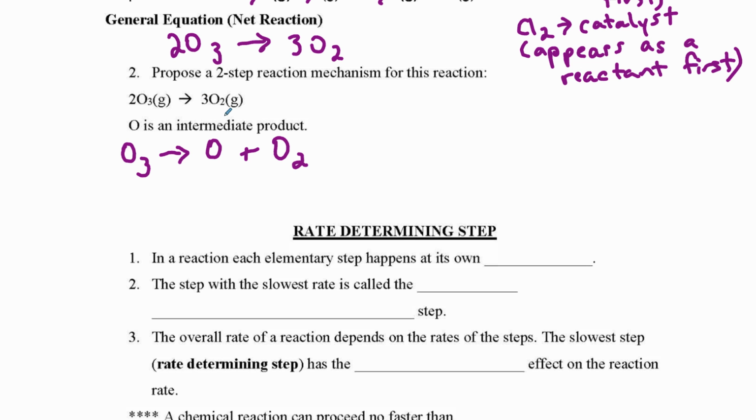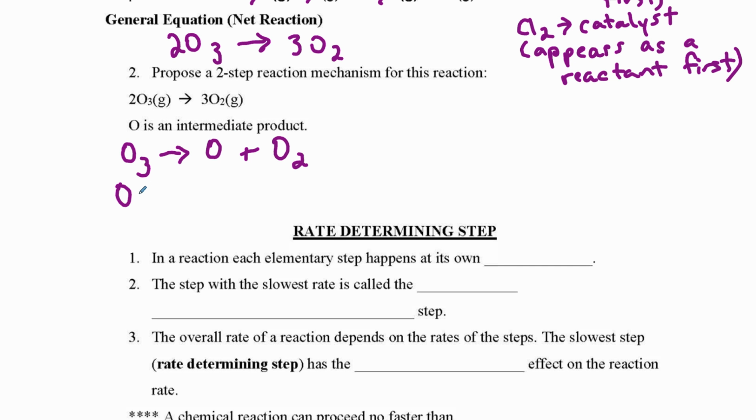And you also have to think about the fact that in the end, we need a total of 3 oxygens. Okay, so one of them is going to appear here in the first step, which means we're going to need 2 of them to appear in the second step. So in step 2, I want my intermediate to be a reactant because I need to get rid of it. It's only there temporarily.